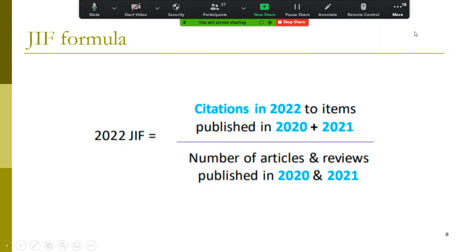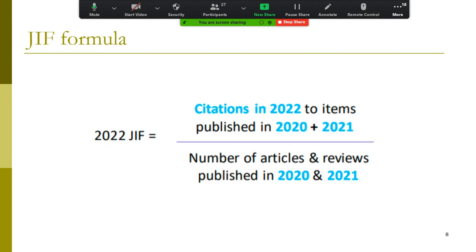In 2022, all the journals included in the Web of Science or in the JCR will cite those 100 articles. It depends how many citations these articles will get in 2022.